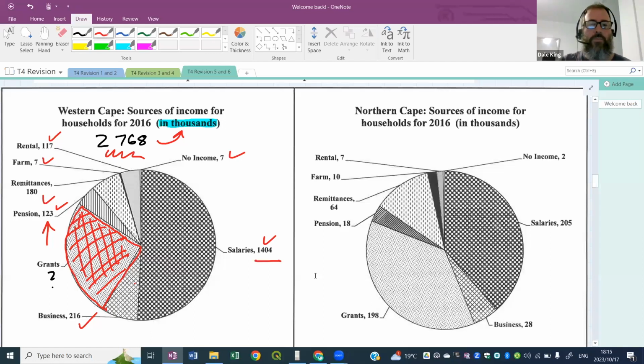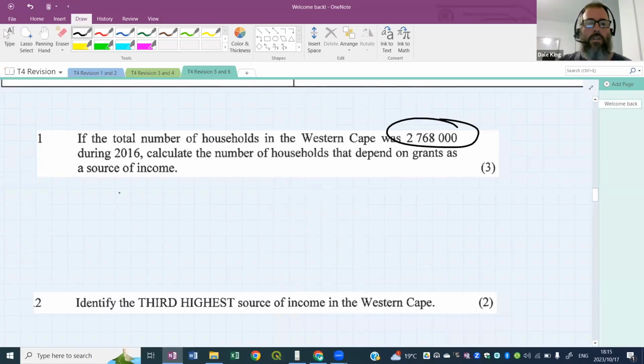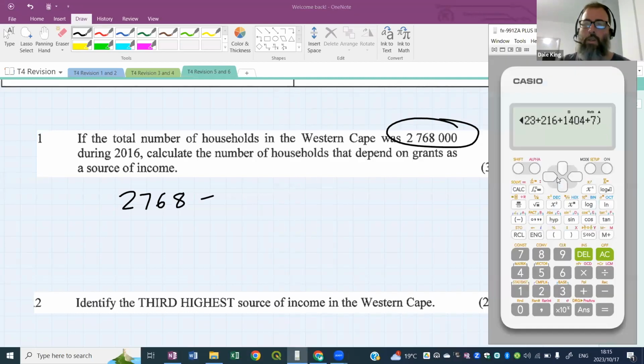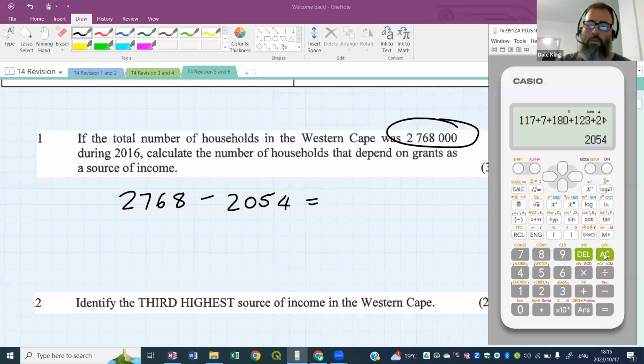In fact, let's just put the number there. So 2768 minus, and then what I can do is work out what were all the other pieces together. I can take that away and actually work it out. 2054. So all of them come together to make up 2054. And when you subtract 2768 minus 2054, you get 714.